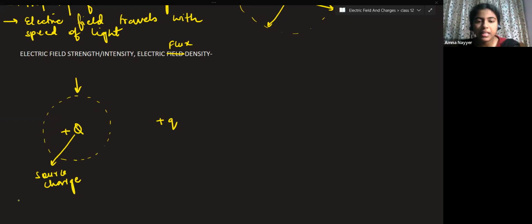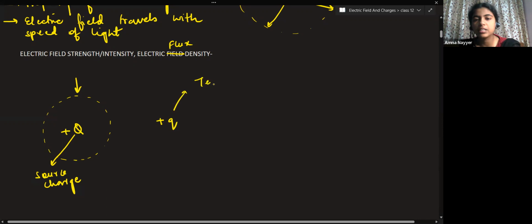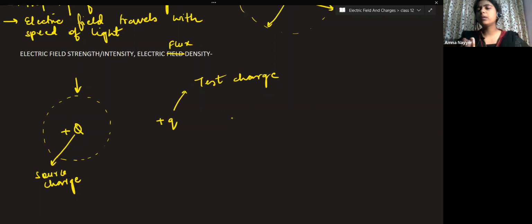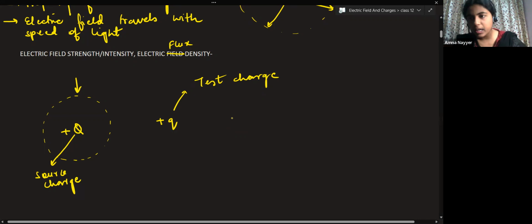I call this charge a test charge. A test charge is just in order to see whether this plus Q charge is a positive charge or a negative charge.